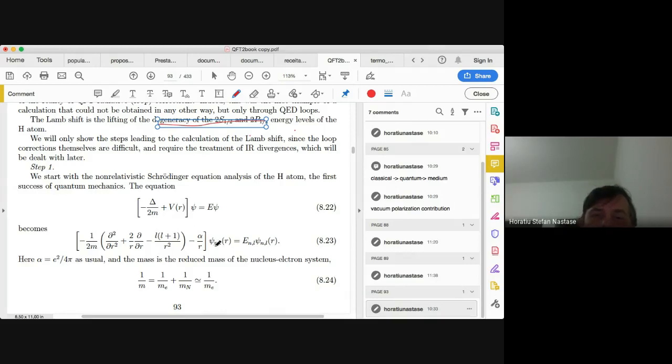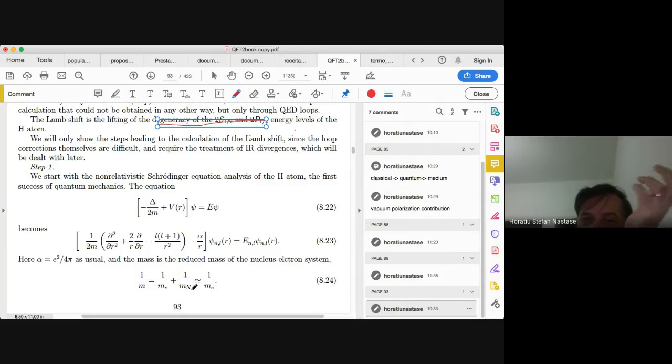So for the radial equation, for the radial wave function, we get this equation with minus alpha over r being the non-relativistic potential for the hydrogen atom. One complication here is that 1 over m is the reduced mass of the nucleus electron system. That is, 1 over m is 1 over m electron plus 1 over m nucleon.